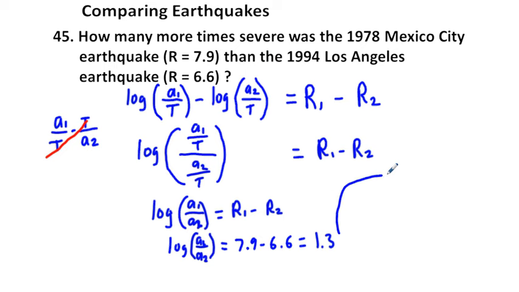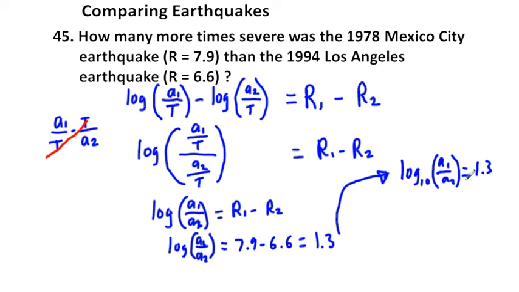So I'm going to come over here to the right a little bit up. So we have the log, meaning log base 10, which I write here, of our ratio of a sub 1 over a sub 2 is equal to 1.3.